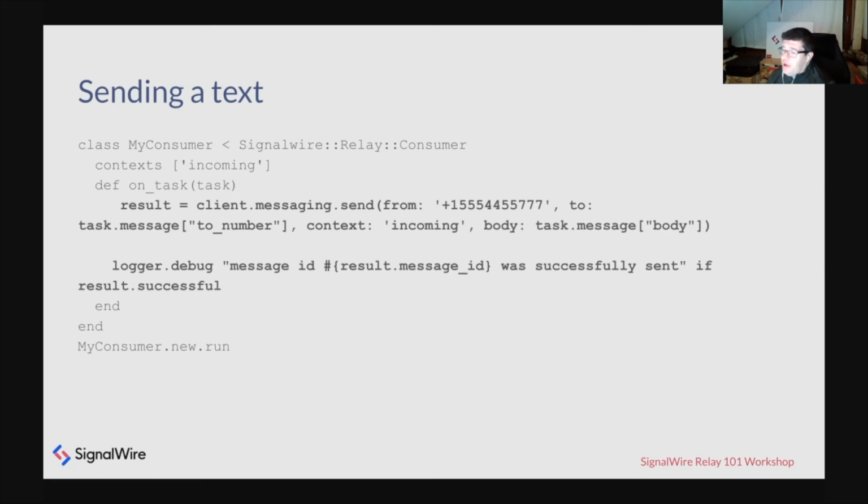As you see, I'm using the to number from the message and I'm sending the body from the message too. And then we're simply doing a debug that the message ID was successfully sent. If result successful, of course, this is where you'd log that the message was sent. So what does a message being sent successfully mean? It doesn't mean the message, this is worth saying in general, not just for Relay.